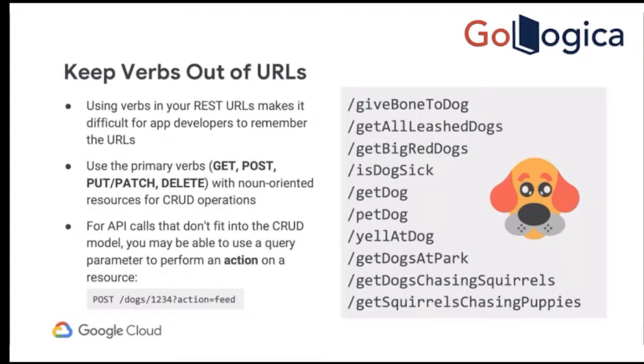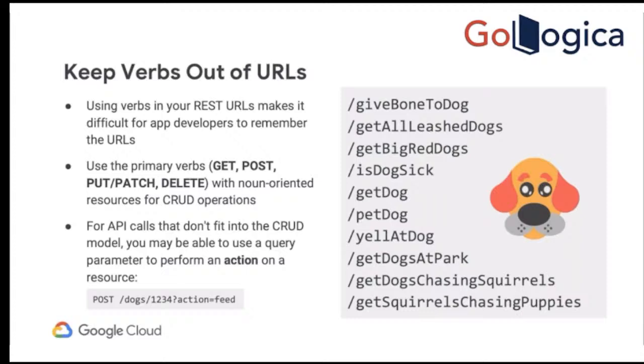And if an API call is not part of the standard CRUD operations, for example standard create, update, delete, and you still want to do it, then you can use a query parameter. You can use query parameters to define what activity you are going to perform. For example, action equal to feed, here in the POST dogs action equal to feed. So you are not doing a create operation, but an action where you are going to feed that particular dog.